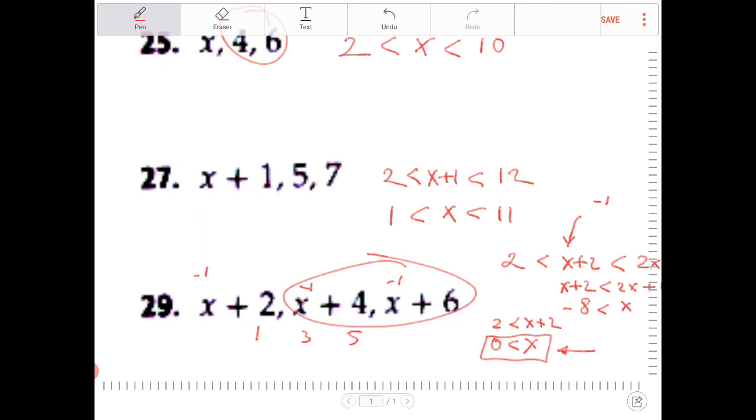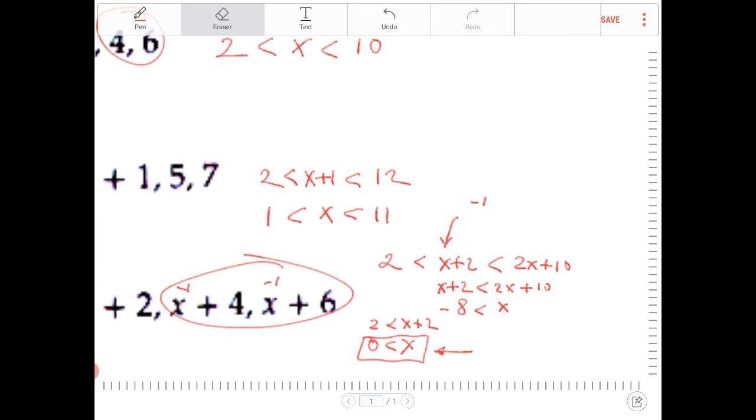Can 1, 3, and 5 work? If you add 1 and 3 together, you get 4. You subtract 1 and 3, you get 2. 5 does not work, right? So this is a demonstration of the mathematics that x must be greater than 0 only.